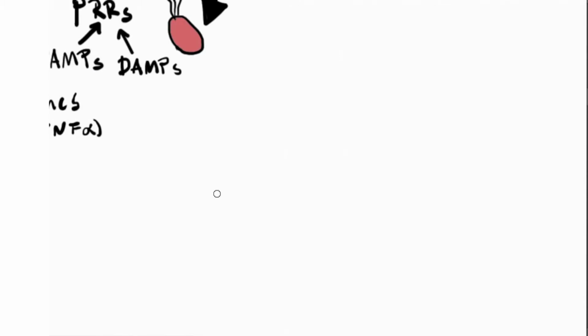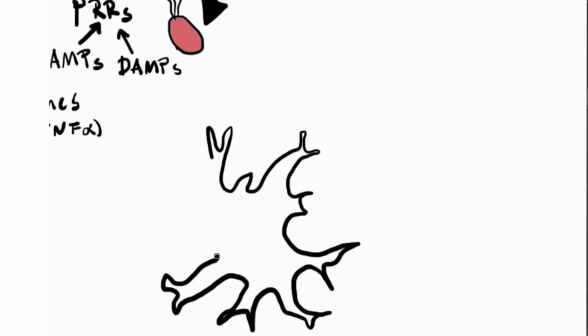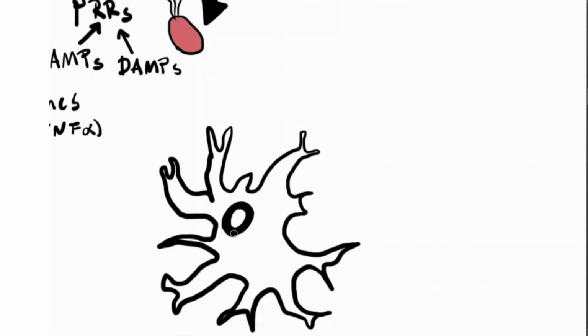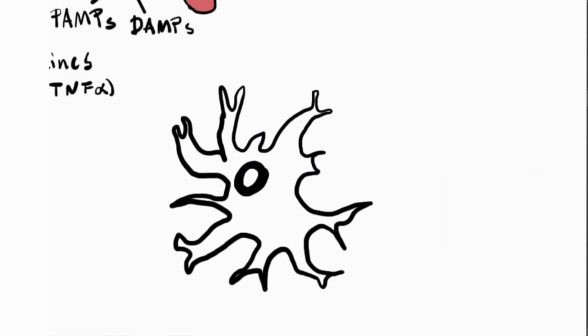Let me just draw it here. So this is a dendritic cell, and as you can see, it has a bunch of dendrites, which it uses to scout and probe the microenvironment for stuff that's not supposed to be there.